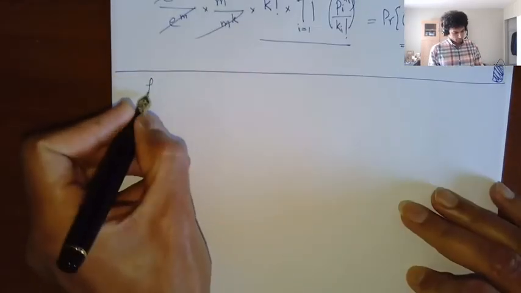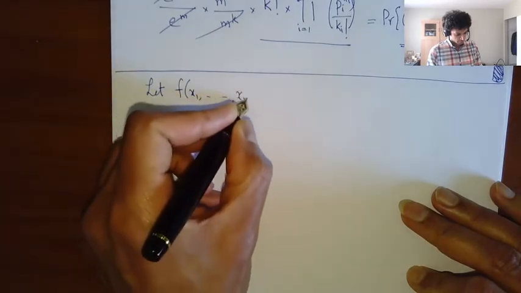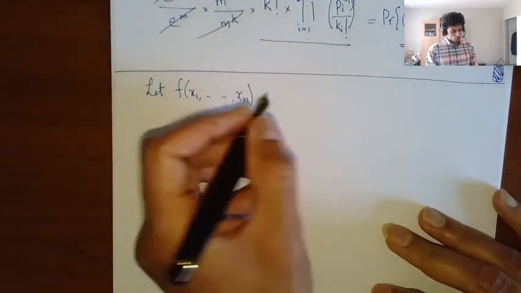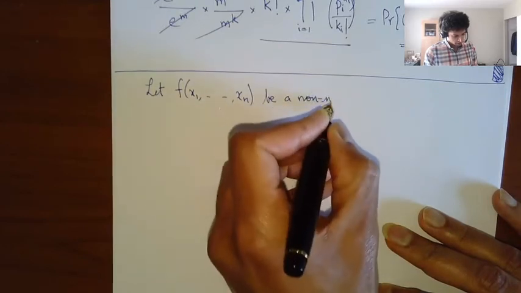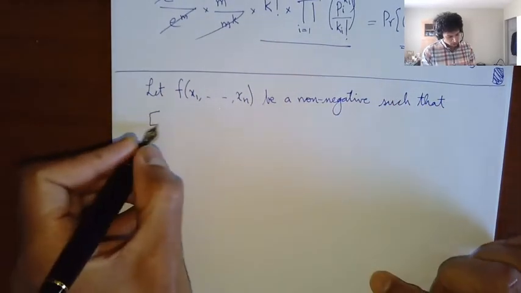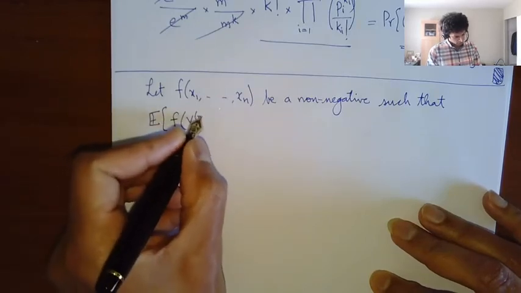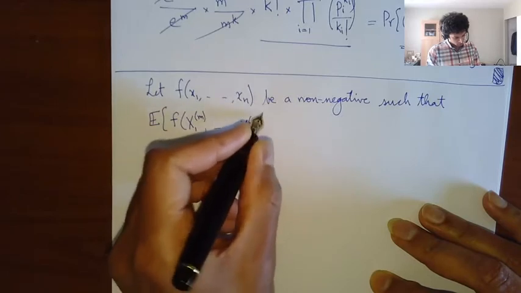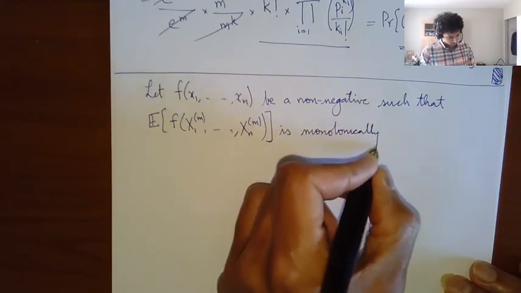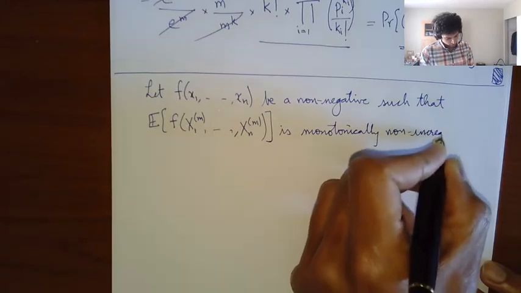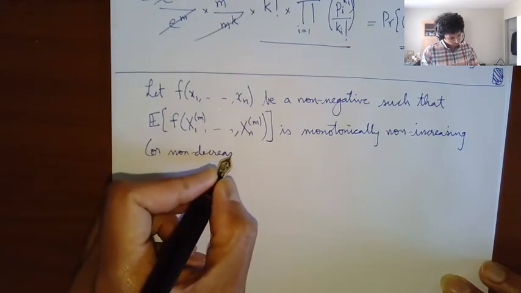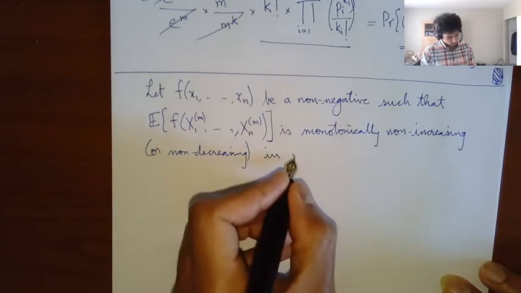So let f of x1 to xn, think of x1 to xn as the outcomes of the balls and bins, and you're looking at some function which is non-negative, such that the expectation of f of x1^m to xn^m is monotonically non-increasing or non-decreasing, doesn't matter, in m.